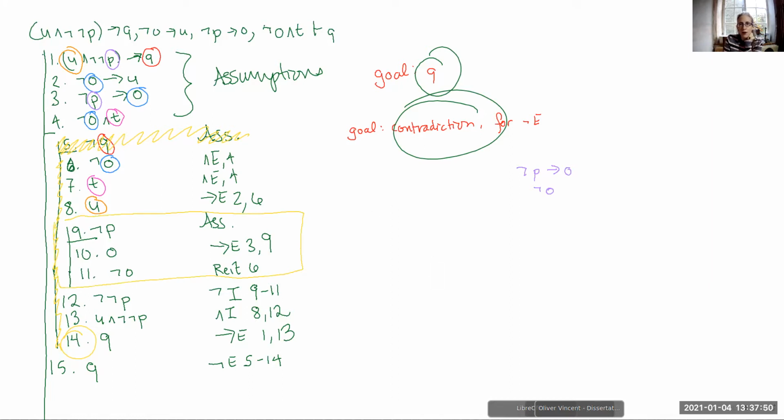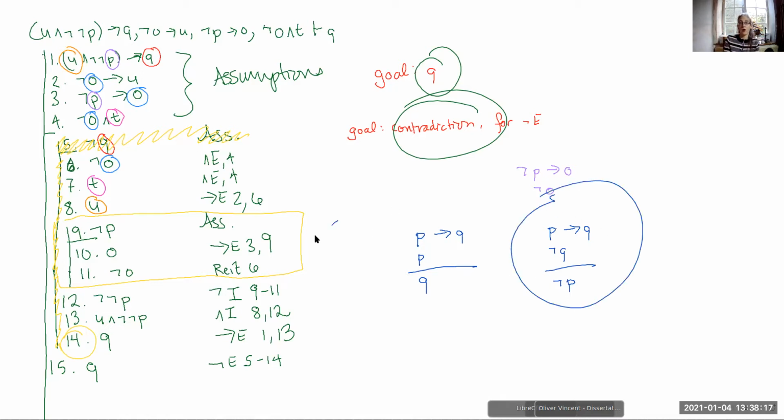So conditional elimination says if you've got P implies Q and the antecedent P, you can get the consequent Q. What this little bit does is essentially say, well, if you've got P implies Q and not Q, then you can get not P. Wouldn't it be nice if we had a rule that allowed us to just do this directly rather than having to do this sort of little subproof? Spoiler alert again, this is exactly what we're going to look at in the next couple of videos.